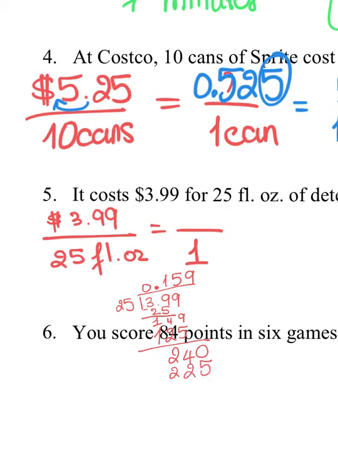The reason I'm stopping is because this is talking about money, and the money will be rounded to the nearest cent, which is rounded to the hundredths, and this number just keeps going, so I'm gonna round this up to 16 cents for 1 fluid ounce. Okay, we're gonna round it to the hundredths.